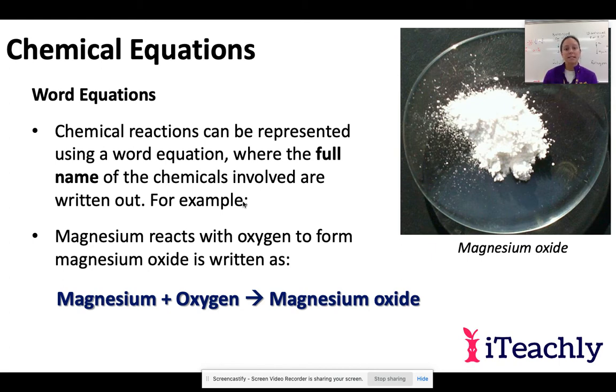I could say magnesium and oxygen react together to make magnesium oxide. Again, just a few little changes in my words, but the meaning didn't change. Just like calling me Mrs. H and calling me Mrs. Helbing is still the same thing, just a little variation, same meaning.